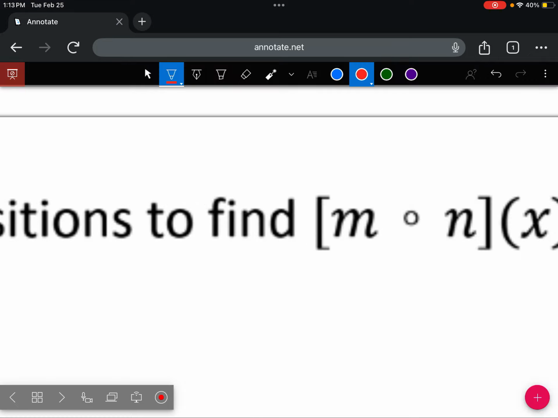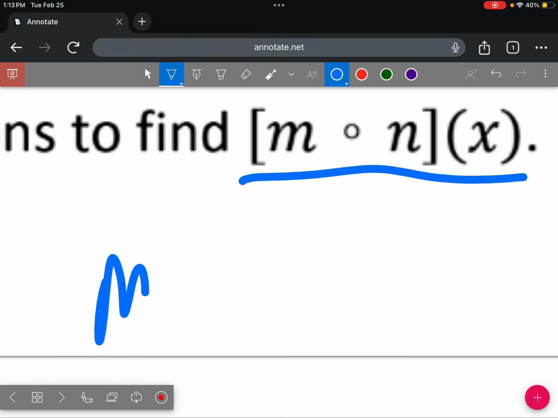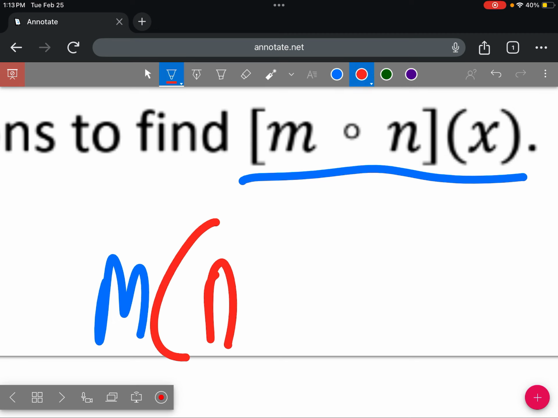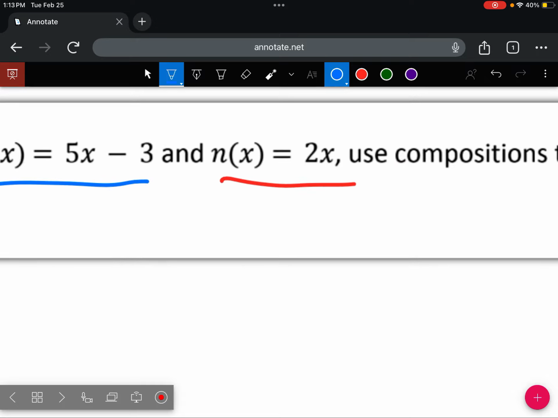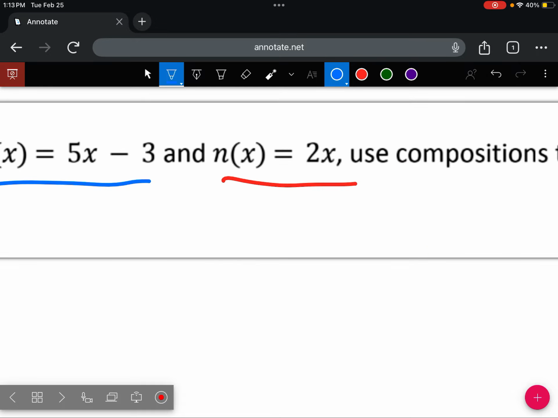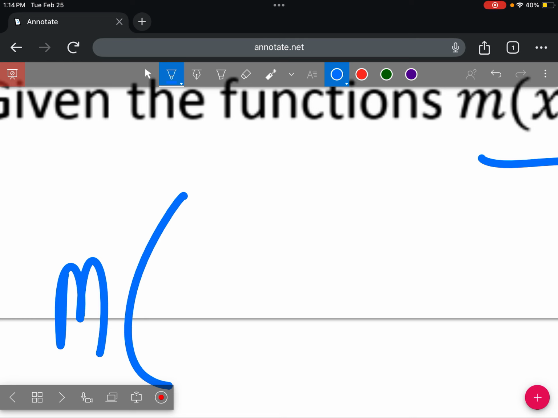Now, how I would like you to rewrite this is m of n of x. That way you know whichever function is written first, like m, is the function that you are rewriting. So I'm going to write it over here again, m of n of x.